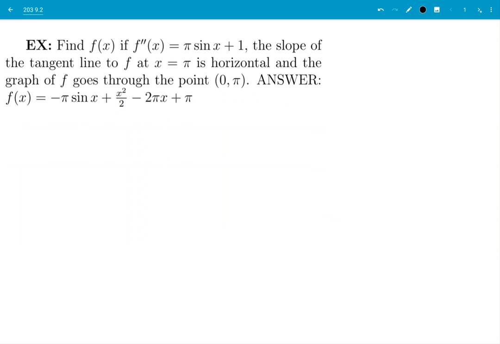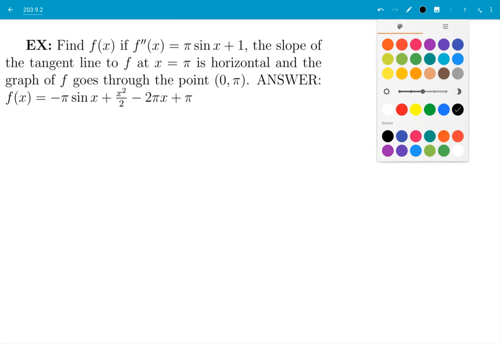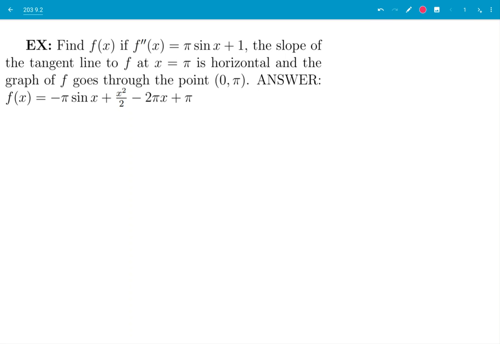Now, let's work this out. This is a different flavor here for sure. We have to start by translating from English into math.